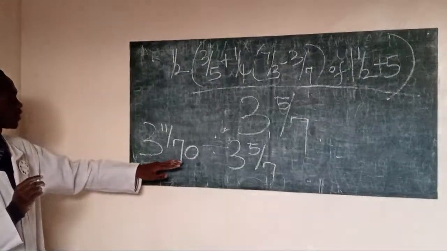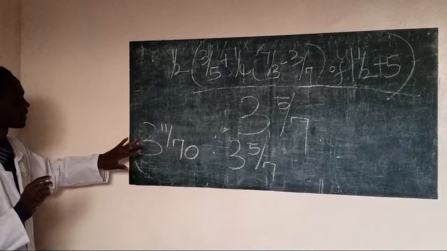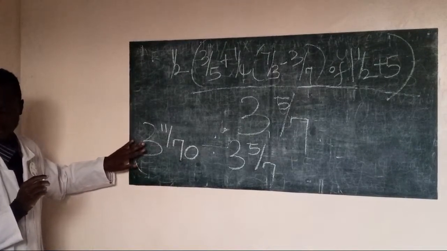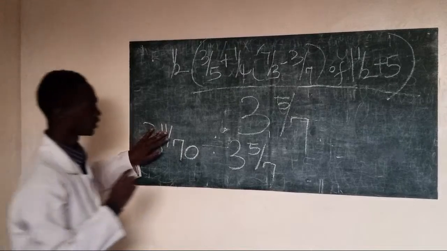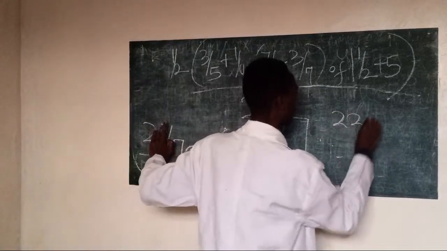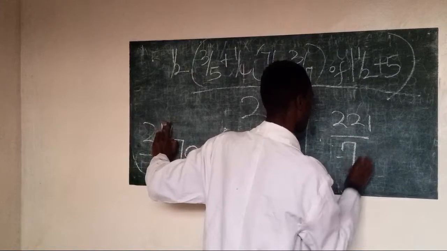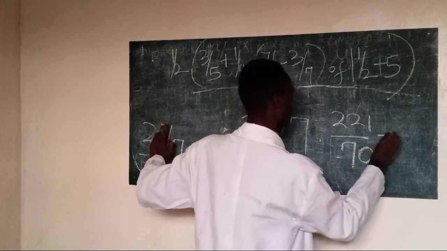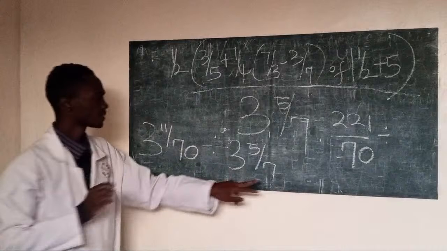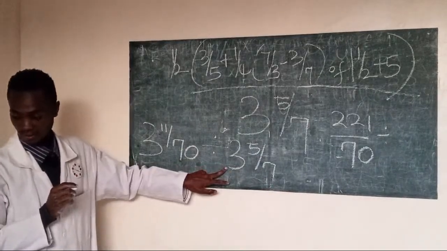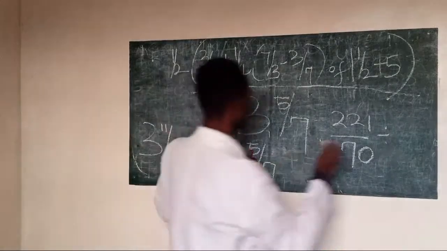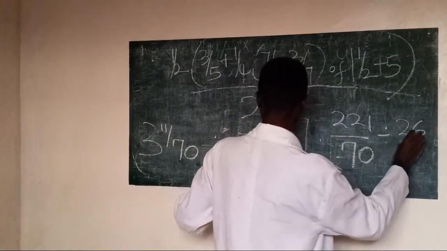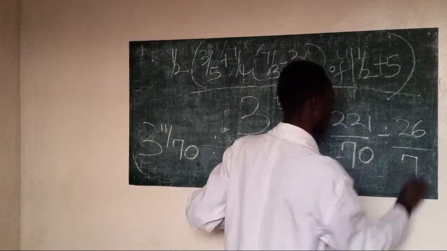Give me the improper fraction of this one to become 70 times 3, 210 plus 11 to give me 221 all over 70, and then divided by 7 times 3, 21 plus 5, 26, 26 divided by 7.